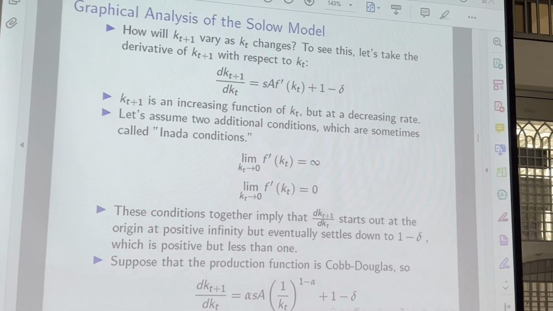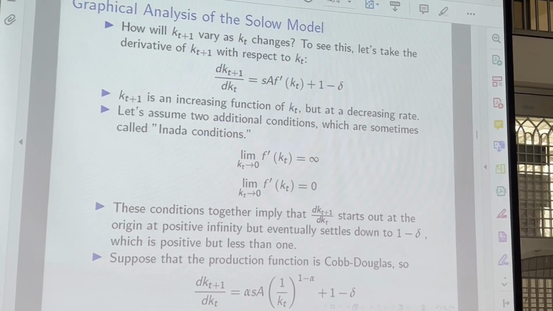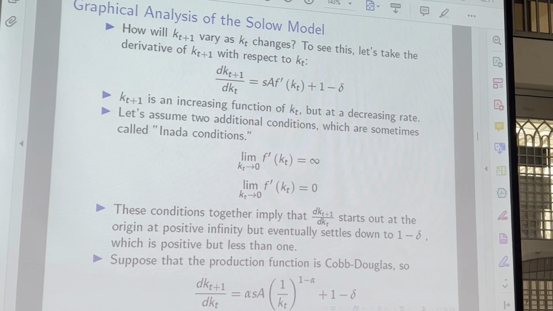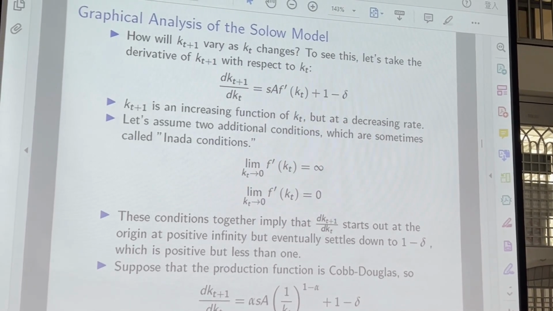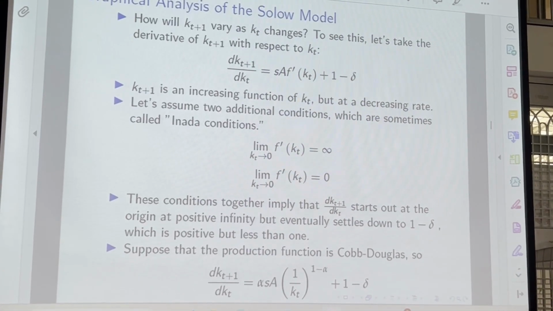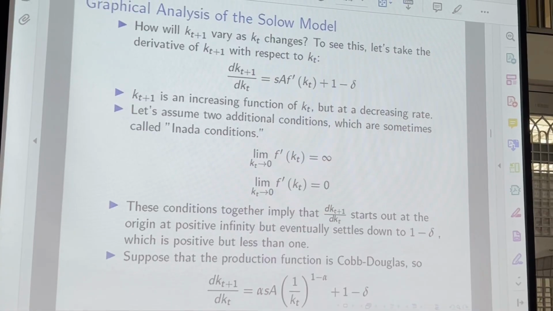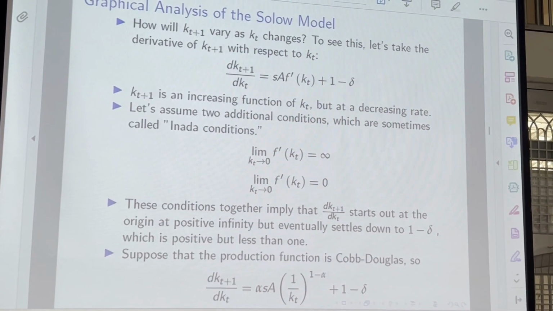I would like to know how KT plus 1 reacts to changes in KT, right? Because it seems that capital per worker drives the income growth over time, and also affects how the other variables look, okay?